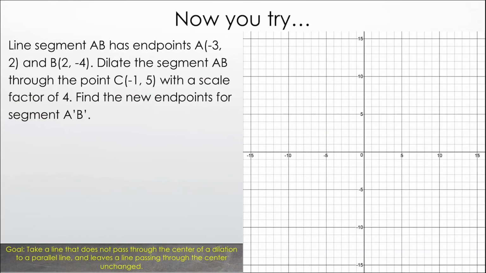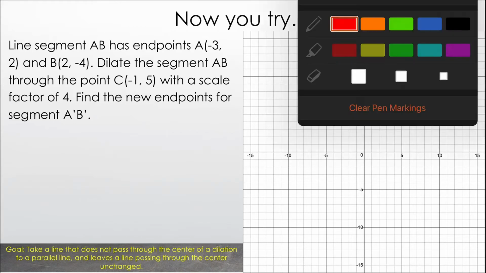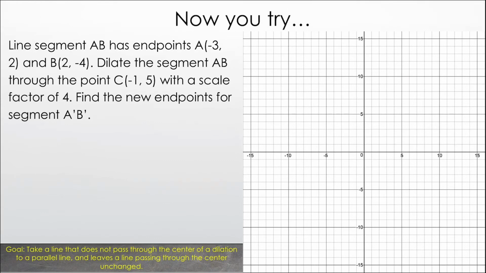All right, I want you to give it a try. You're going to have to plot these points. Line segment AB has endpoints at A, -3, 2, and B is at 2, -4.